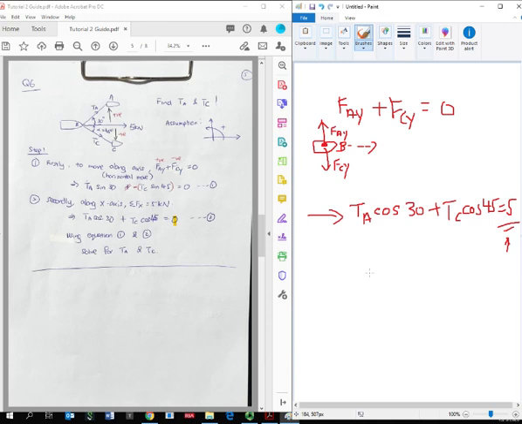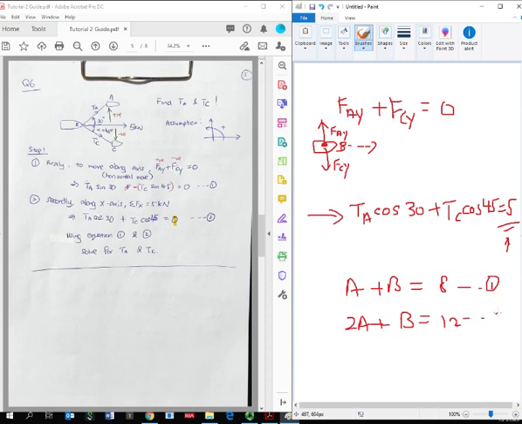If you are not familiar with simultaneous equations, basically if A plus B equals, let's say, 8, then 2A plus B equals 12.